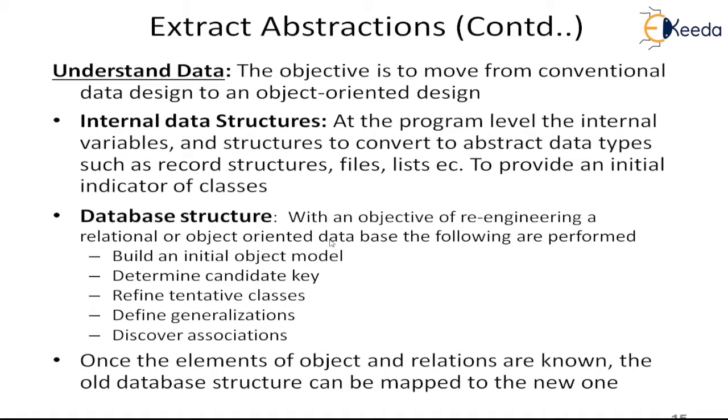So whatever files or whatever way the data is kept, maybe in an older type of database which is not a relational model, you want to change to a better database. So you will build an initial object model, then determine candidate keys, refine the tentative classes, and define the generalizations, because normally the classes will have their own relations. So the inheritance will come, you will know how the data will be structured in the database, and you will define all the generalizations and associations.